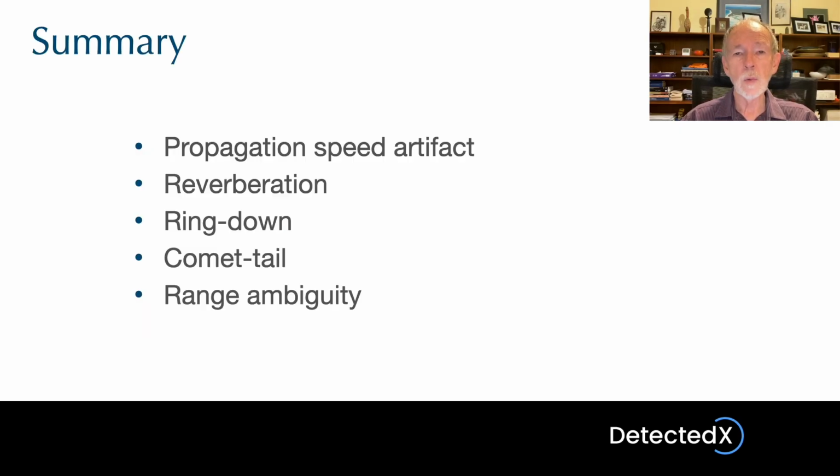In summary, we've looked at several artifacts that affect the depth at which the echoes are displayed. The first of these is the propagation speed artifact, which is not usually going to be particularly evident or important. Reverberation is a common artifact, and therefore it's important to understand it.